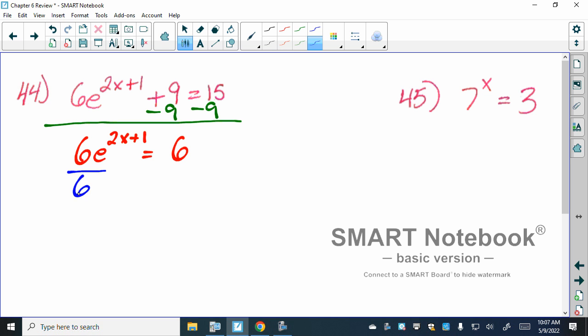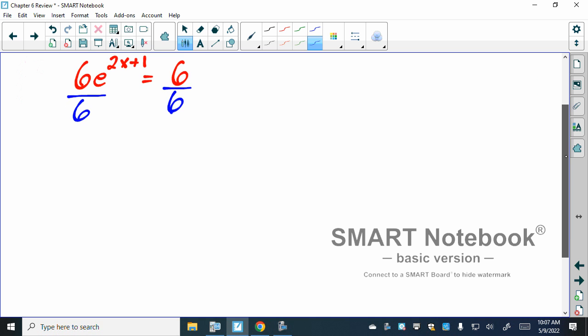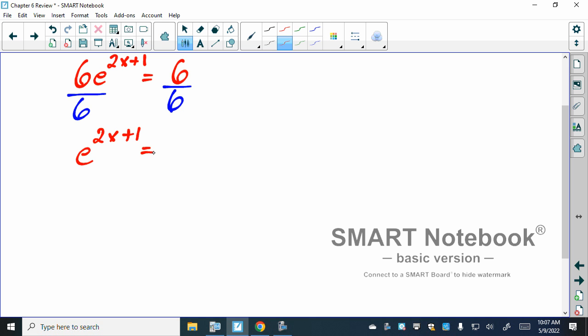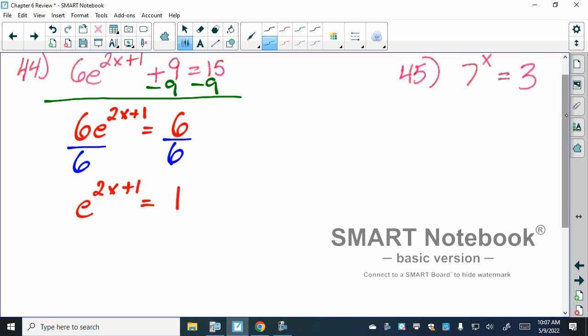Then we divide both sides by 6, which tells us e to the 2x plus 1 is equal to 1. Any questions on how we got e by itself?